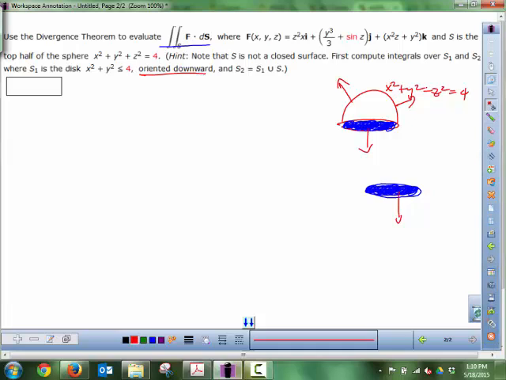So what we have essentially is that if we call this first surface S1 and the second surface S2, then we have what? S1 is the hemisphere. Oh. Whatever. Where?